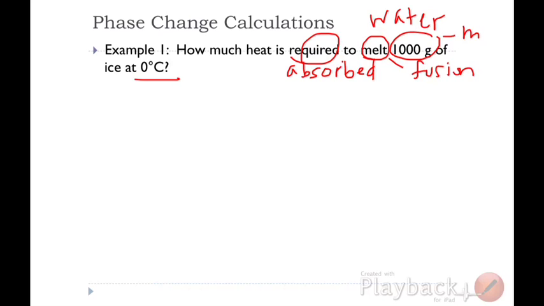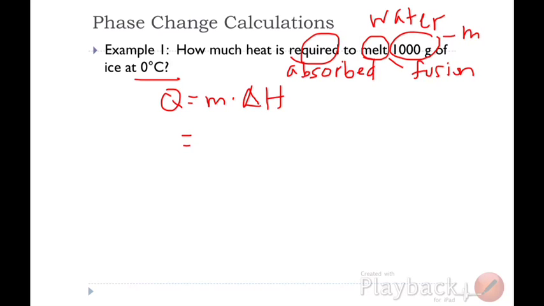The temperature value in here is just to tell us that we're at the melting point. So if we weren't at the melting point, we would have to do an additional temperature change calculation in order to get our ice to the melting point. But because we're there, we can just use the phase change calculation.